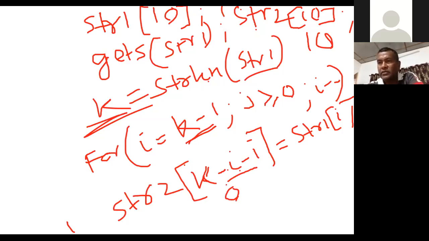STR1 of I, where I is 9 initially. Are you getting? Means I equate the first position with the last position character.